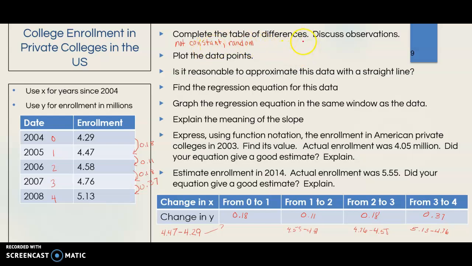We know that constant change is linear. And we have observed that things like increasing, which would be going up in value, which this data definitely is, from 4.29 to 5.13, so it's increasing at an increasing rate, or at a decreasing rate.